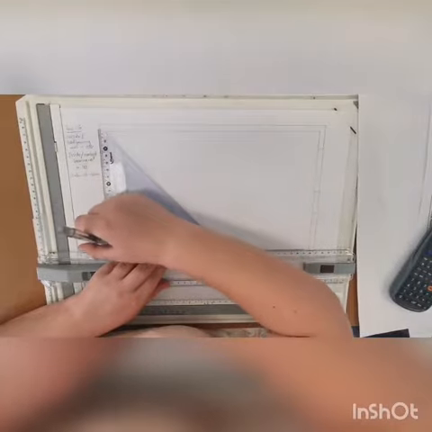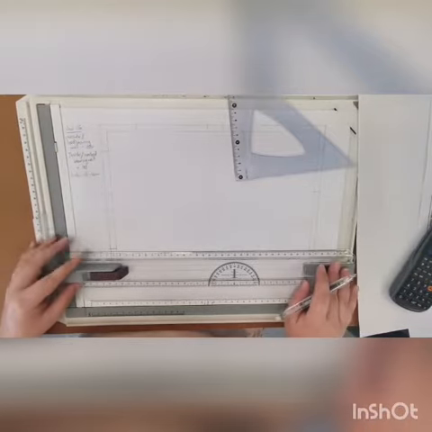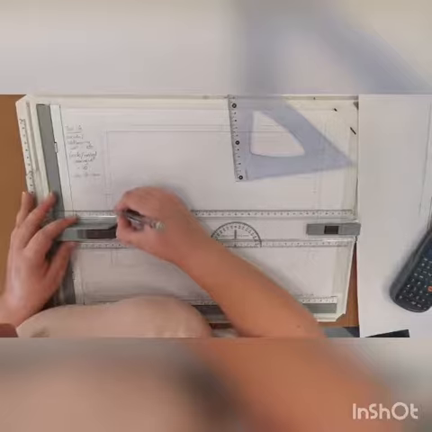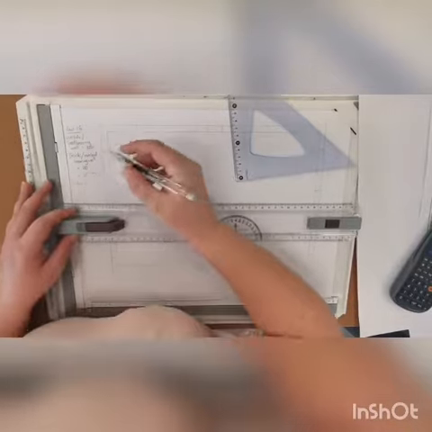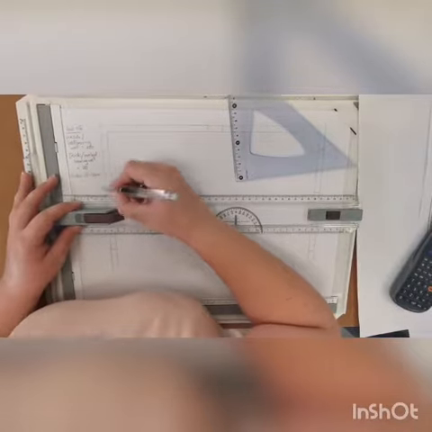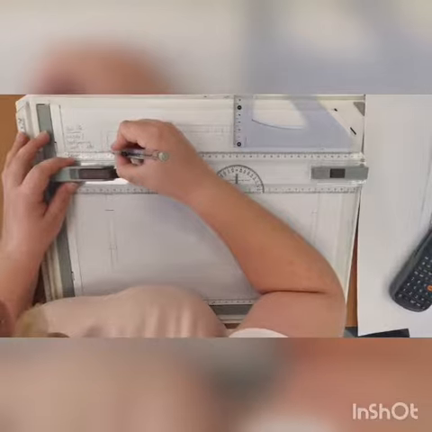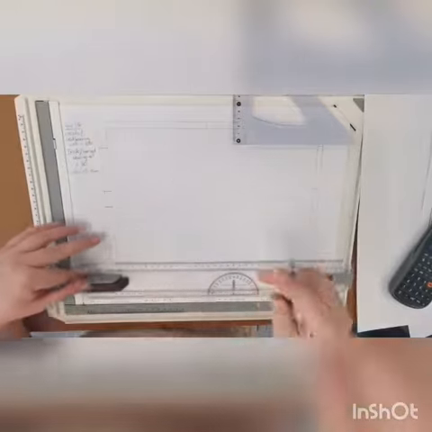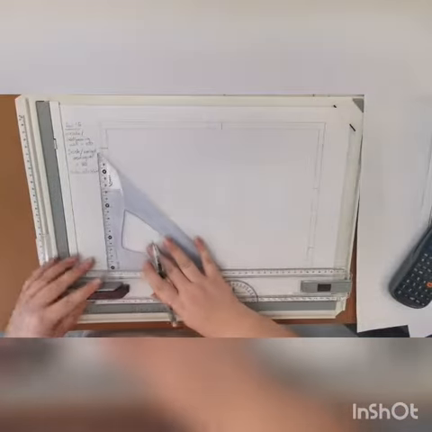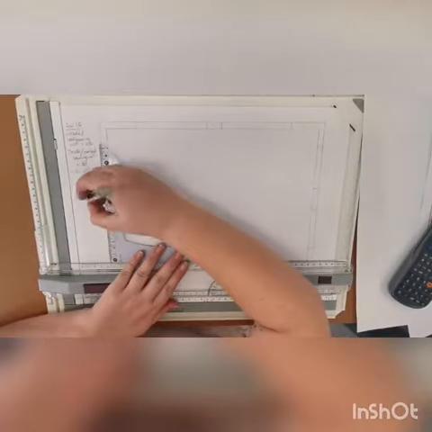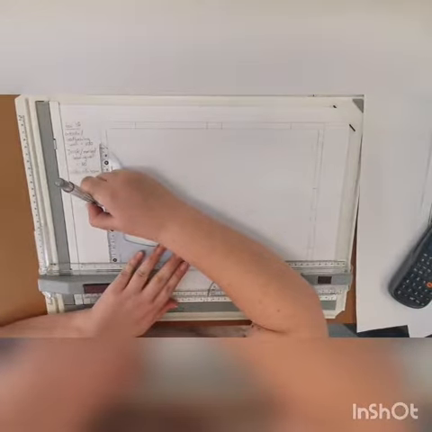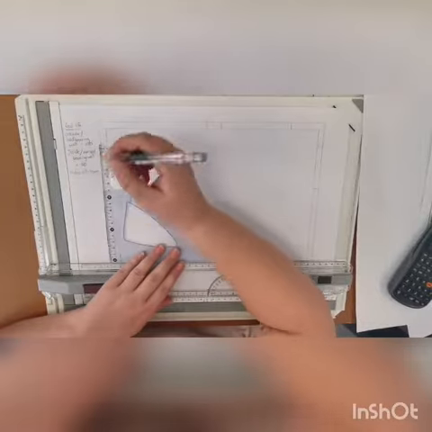I'm just going to take it across because I'll use it for that window as well. Okay, so this is a windowsill. The windowsill goes on the outside of the wall or facing the outside.